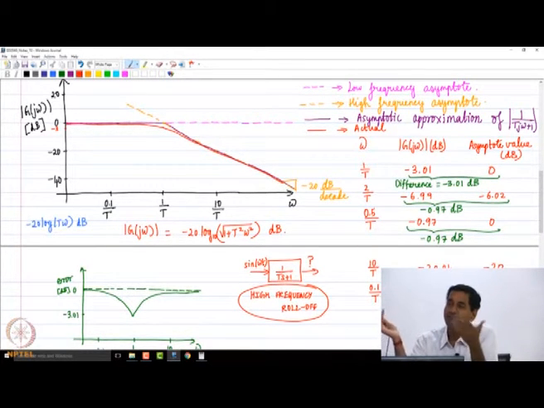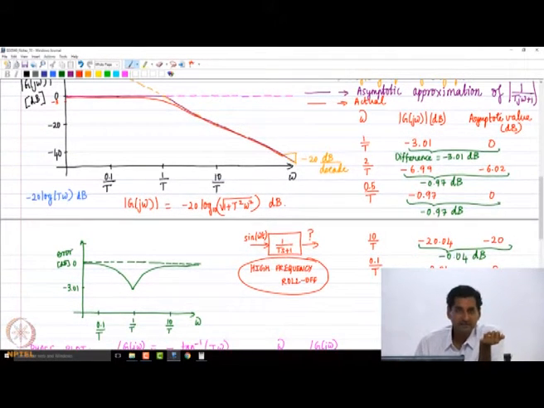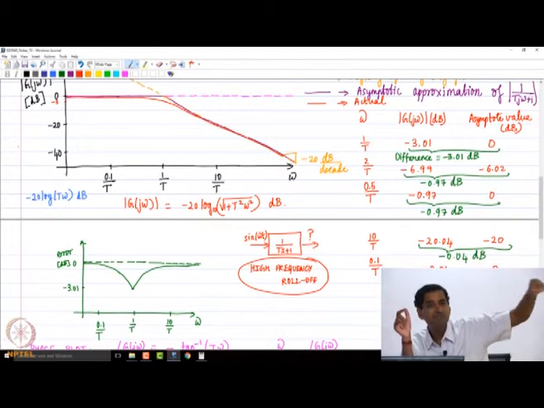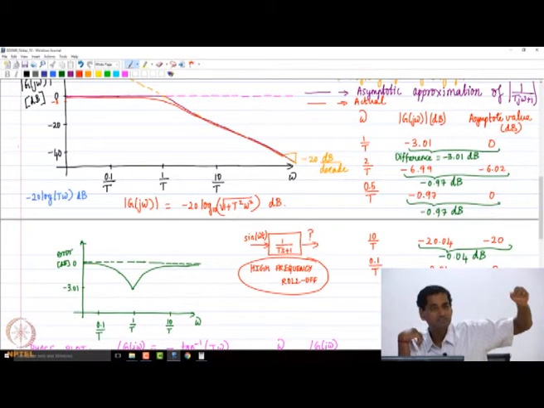So 1 by capital T being the cutoff frequency as far as the low pass filter is concerned, you can immediately see that the definition of bandwidth also applies. So what is bandwidth? What is cutoff frequency? You take any factor, cutoff frequency is the frequency at which the magnitude becomes lower by minus 3 decibels when you compare it with the low frequency constant value. Here the low frequency constant value is 0 decibels.